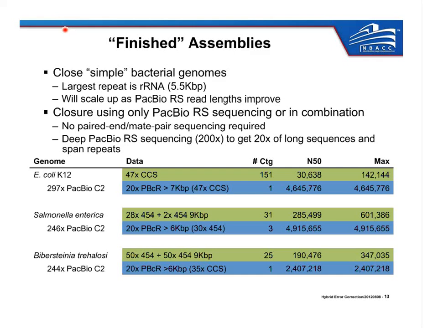And our goal is to basically sequence enough PacBio to get 20-fold coverage of long sequences and span all the repeats. So we want to get 20-fold coverage of approximately 6,000 base pair plus sequences. Currently, this is approximately 200x, or about 8 to 10 cells of the PacBio instrument.